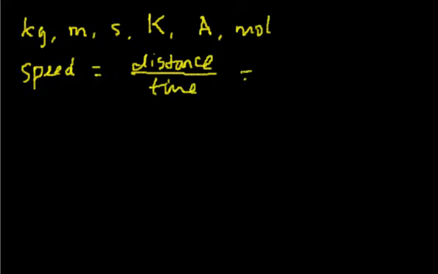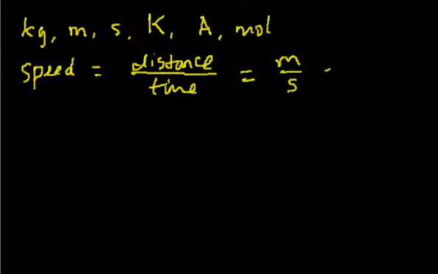Okay, so the units would therefore be the units of distance divided by the units of time, and in this case it would be meters over second.